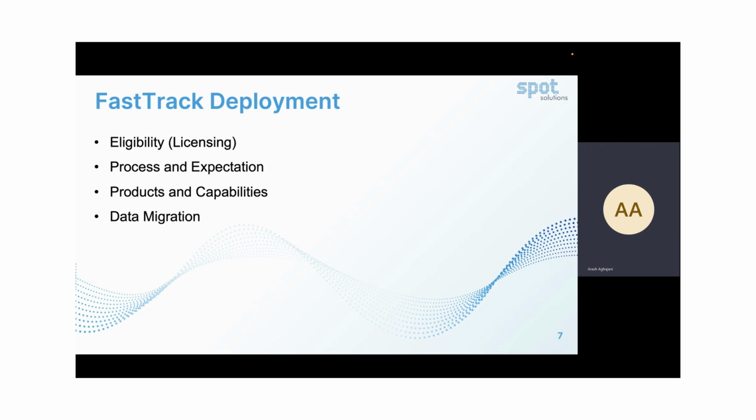For the process and expectation, learn how to engage FastTrack for assistance, get an overview of how that assistance is provided, receive tips for a successful experience, and understand key responsibilities of both FastTrack and your company. It contains some meetings and workshops for better engagement.